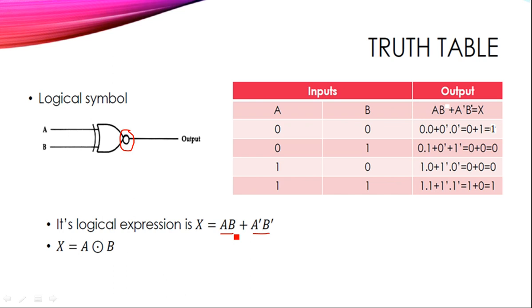Hence the expression is AB plus A bar B bar. And in short, we write this symbol to represent the exclusive NOR operation. So inside the circle, just put a point. So X equal to A exclusive NOR B. So this is the exclusive NOR operation symbol.